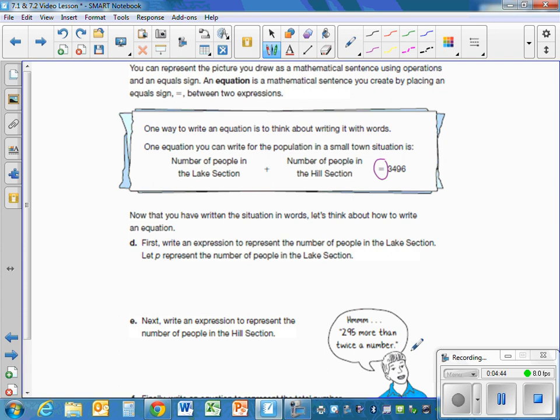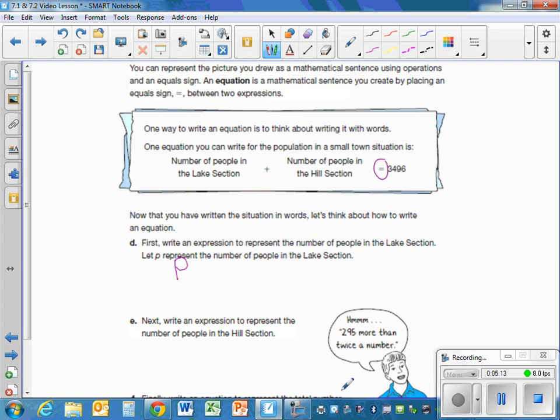Now that you have written the situation in words, let's think about how to write it in an equation. Part D says, first, write an expression to represent the number of people in the lake section. Let P represent the number of people in the lake section. So all we need to write for D is a P. E says, write the expression to represent the number of people in the hill section.